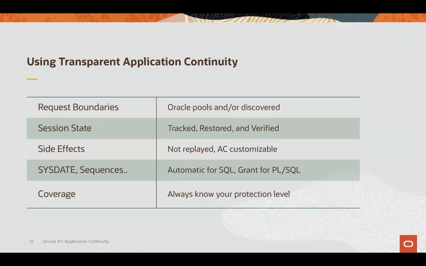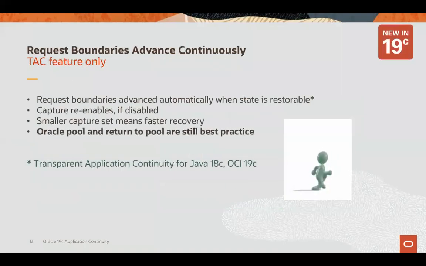Everything with sequences is automatically discovered and replayed, and you need to know exactly your protection level. So this can be achieved with AWR, Automatic Workload Repository. I'm going to speak about it in a few slides.